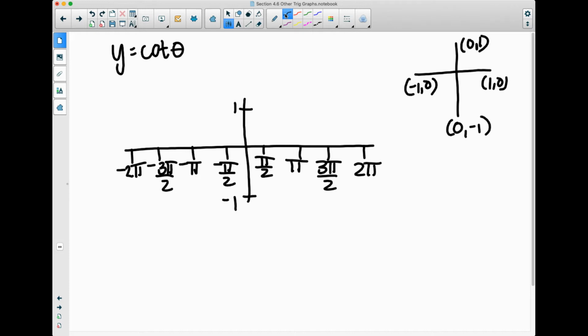All right, so when we found tangent at 0, we do y over x, which would be 0 over 1, and we got 0. Okay, cotangent is that flip. So now this is my undefined, this is my 0. So basically, whatever was a 0 in the tangent graph is now an asymptote, and whatever was an asymptote is now 0. Switched.